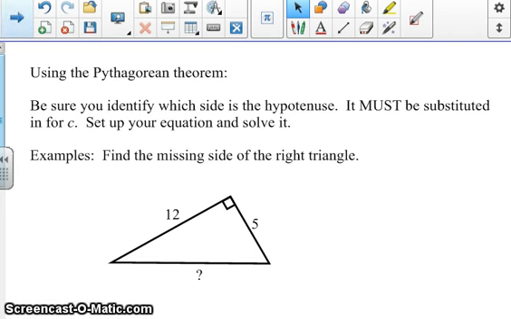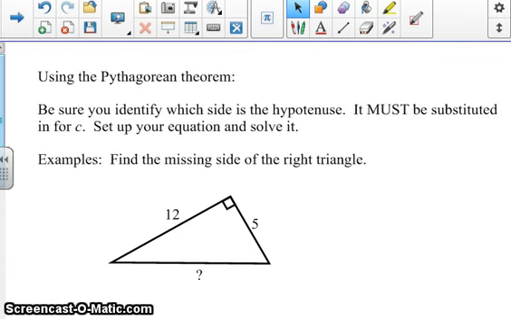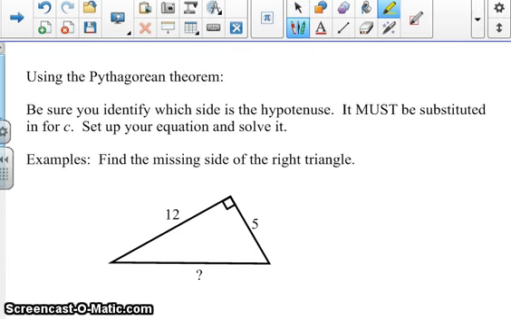Now, how do we actually use it? Well, the first most important thing is to figure out which one of those sides is the hypotenuse. You have to do that first. So if you look at our triangle, our missing side happens to be the hypotenuse, so that's going to be my C. So to find the problem, I just take the other two sides.